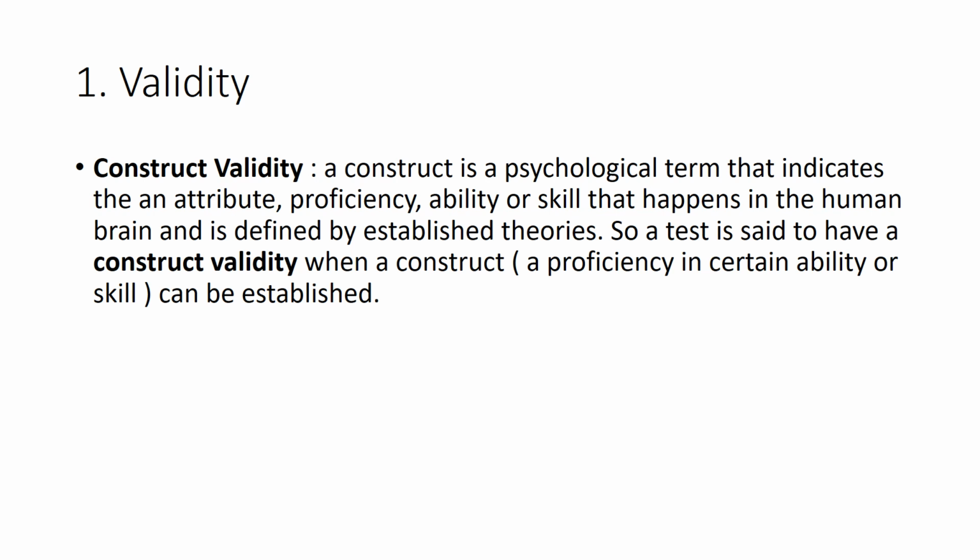So when you measure all the components of the skill and give your student a mark or a score on each one of them, your test is said to have a construct validity, that it measures effectively the skill or the ability that it is set out to measure. So here we talked about validity, the first feature. We defined validity and we talked about its 4 types.